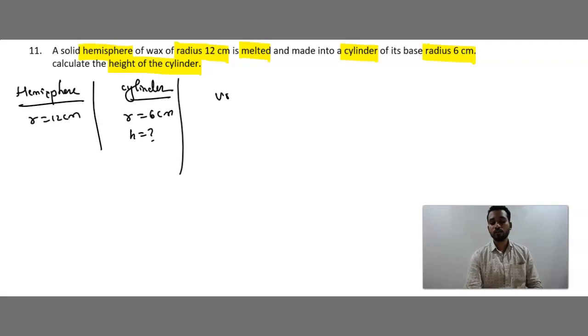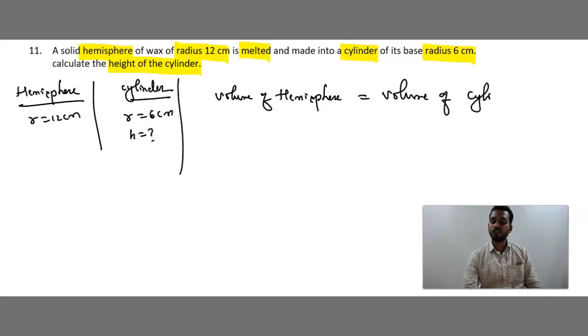We know that volume of hemisphere is equal to volume of cylinder. What is the formula to find the volume of a hemisphere? 2 by 3 pi r cube. Volume of cylinder, pi r square h. What is common on both sides? Pi gets cancelled. That's it.